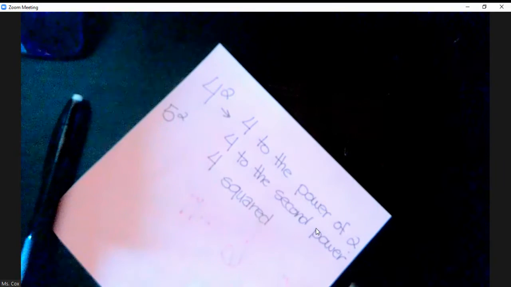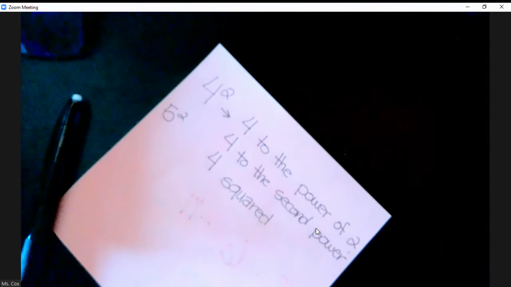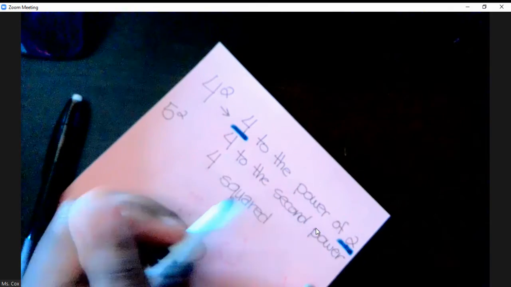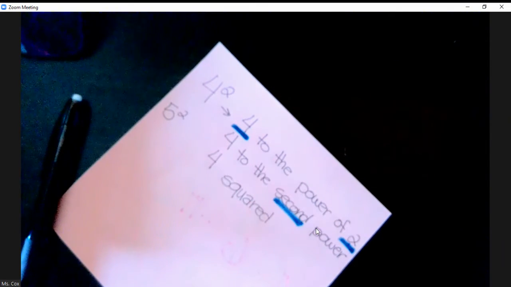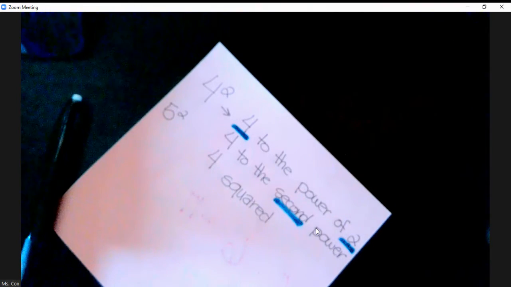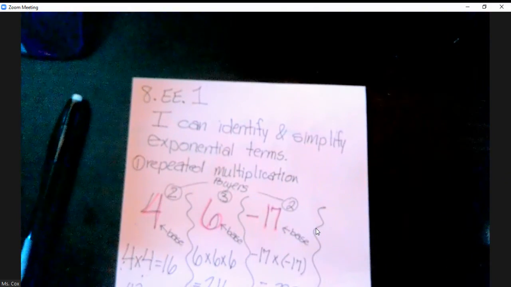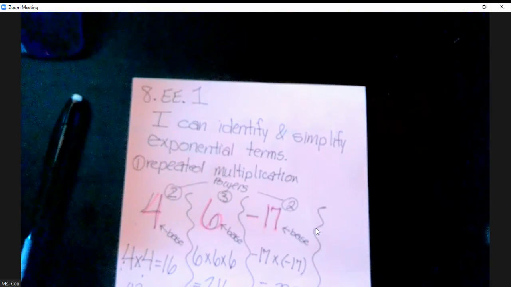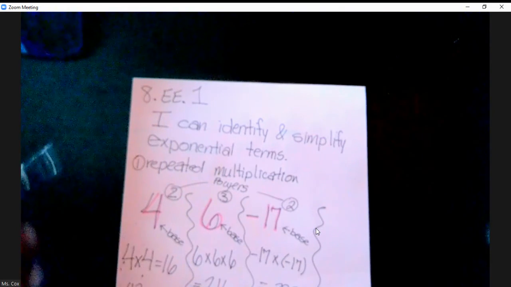So for any of the ones that we did, it's crucial to remember that we're starting with our base and then we end with our power, so that last part of whatever we say is our power. And we'll do some more practice with that, so don't worry. Just a quick review. Our exponents, they are repeated multiplication. There are two parts of every exponent.